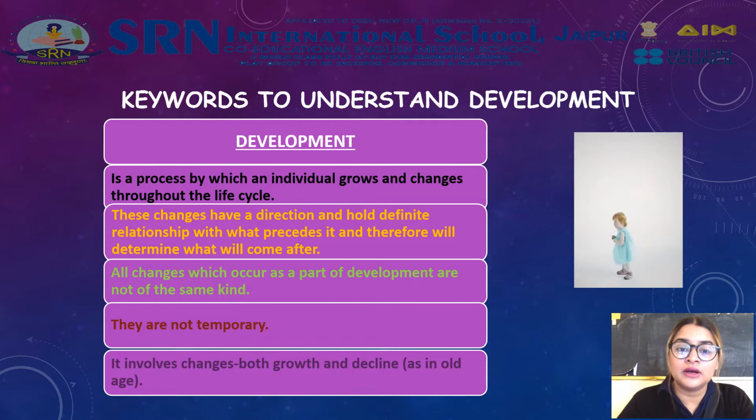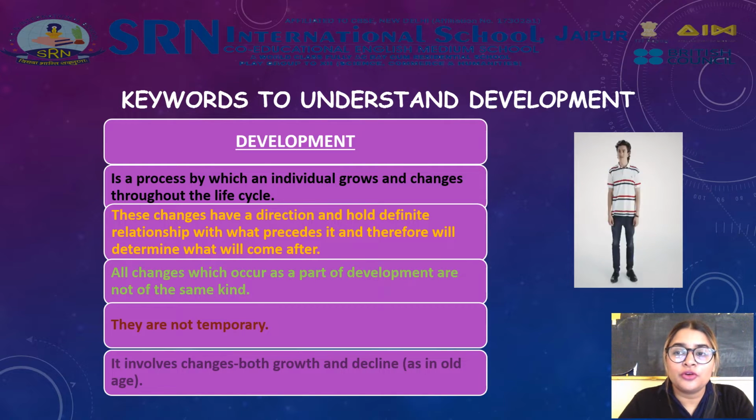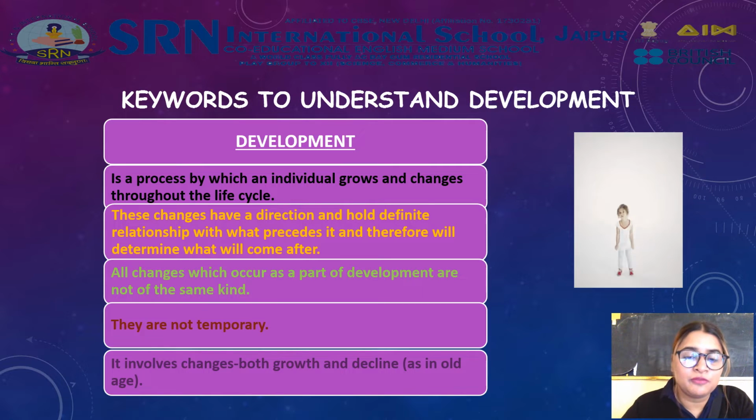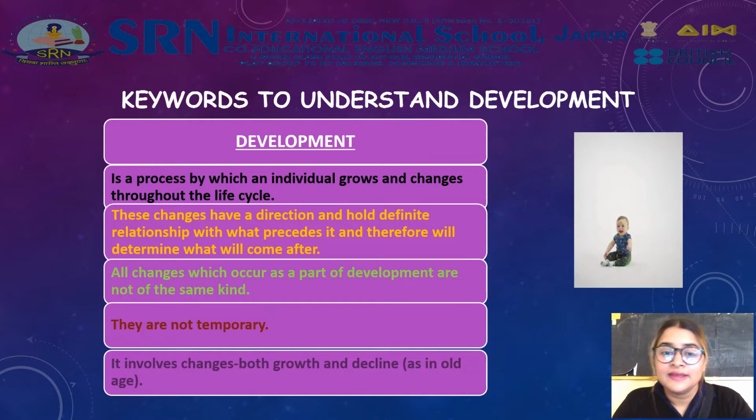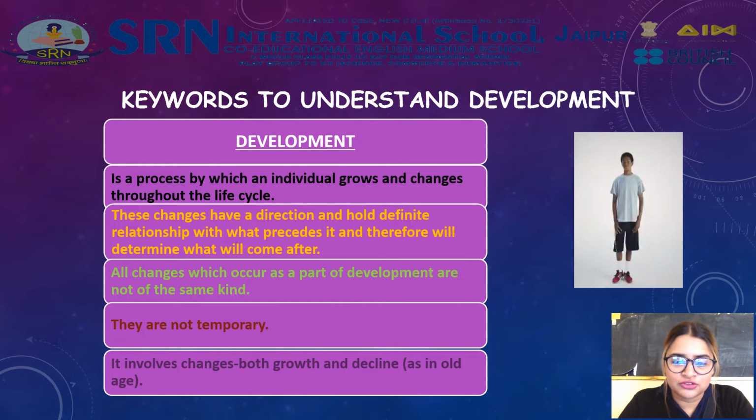There is a decline in their functioning and in their growth. Your weight can also be less, you are losing weight, so it's a decline. So first you grow, and then again the decline process starts in old age. Alright, so I hope that you've understood development.